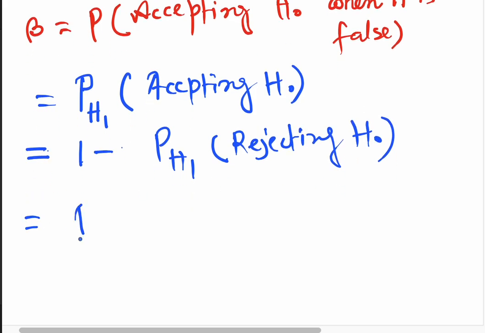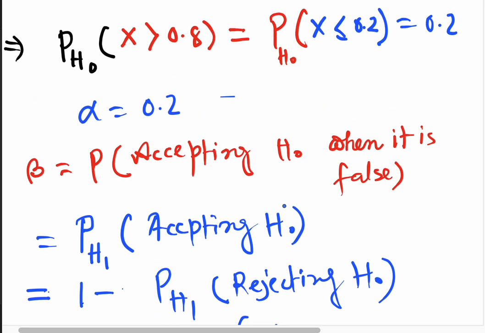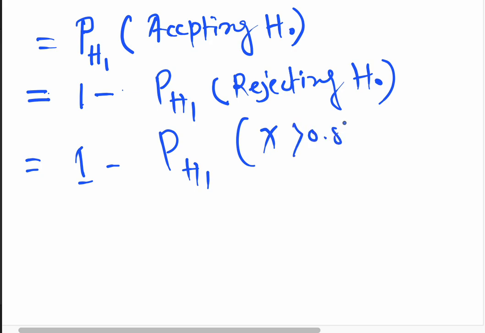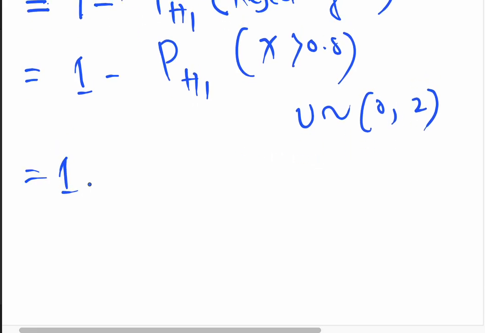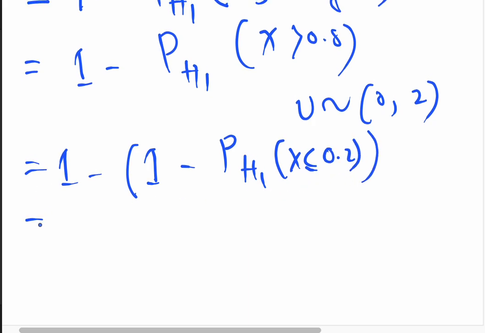So this will be 1 minus, under H1, rejecting means x greater than 0.8, and under H1 this is a uniform distribution 0 to 2.